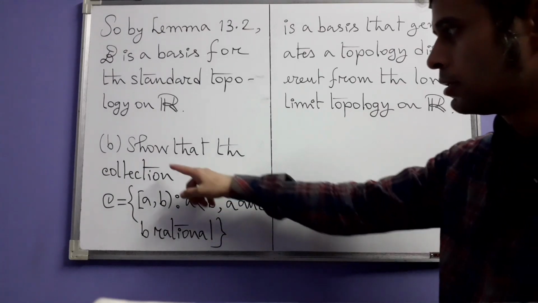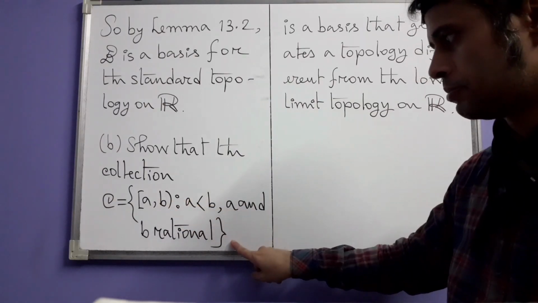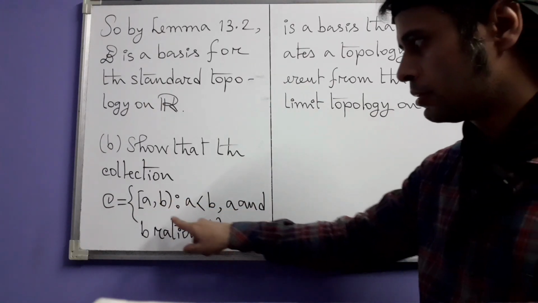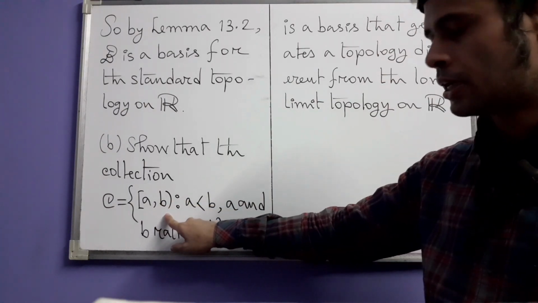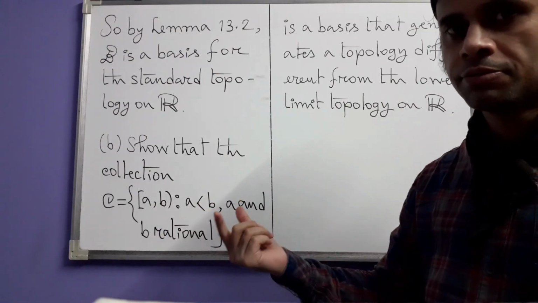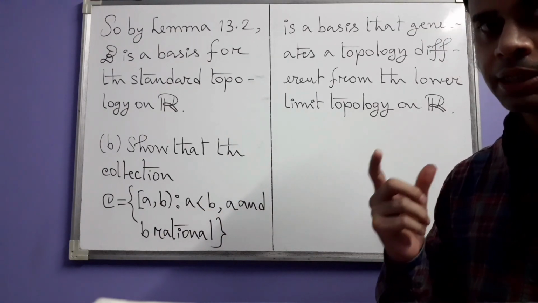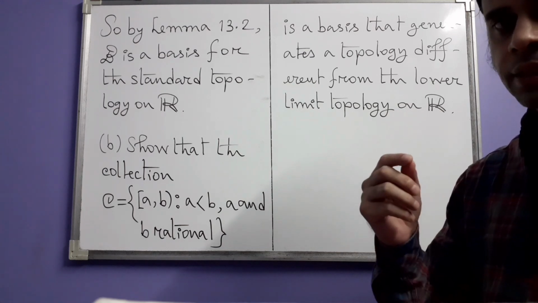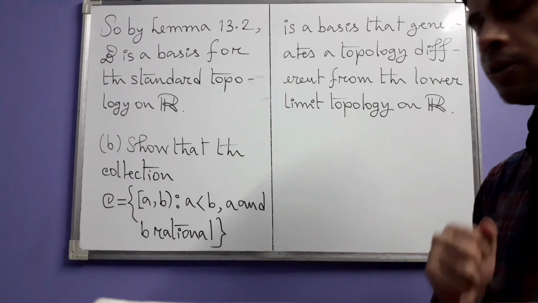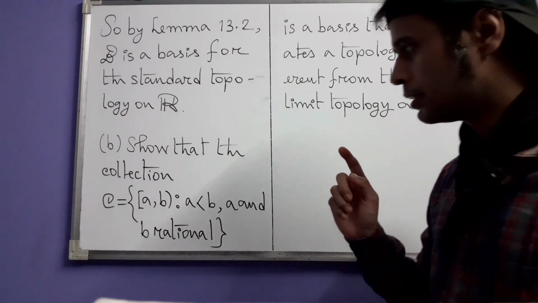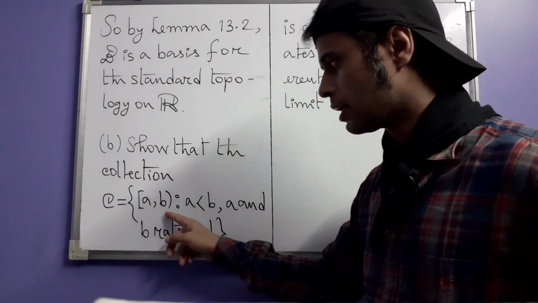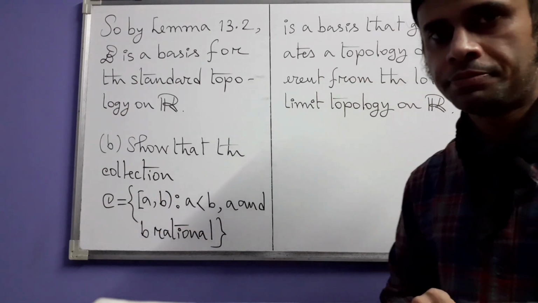Now you look at this collection, where the type of intervals we are considering is like what we consider in lower limit topology, right? You remember the basis that we use to define lower limit topology, that has intervals like this, closed, open.